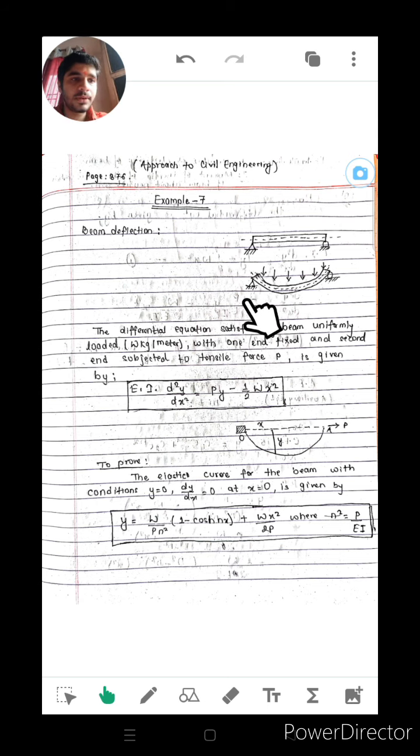Before we solve the problem, let's have some discussion on types of beam. There are I think 3-4 types of beam. First one is the supported beam. If a beam just rests on supports like a knife edge, it is called a supported beam.